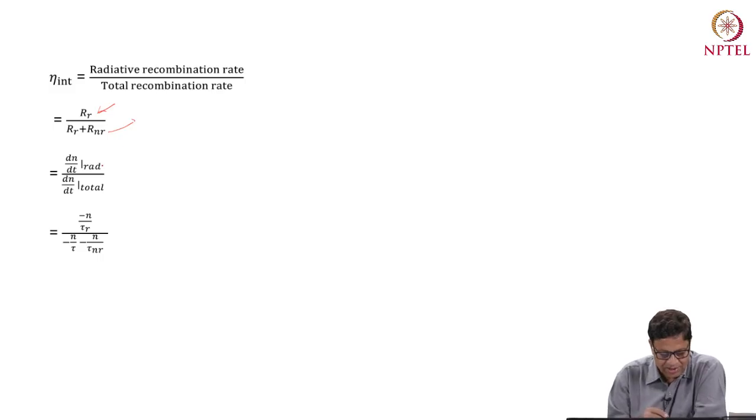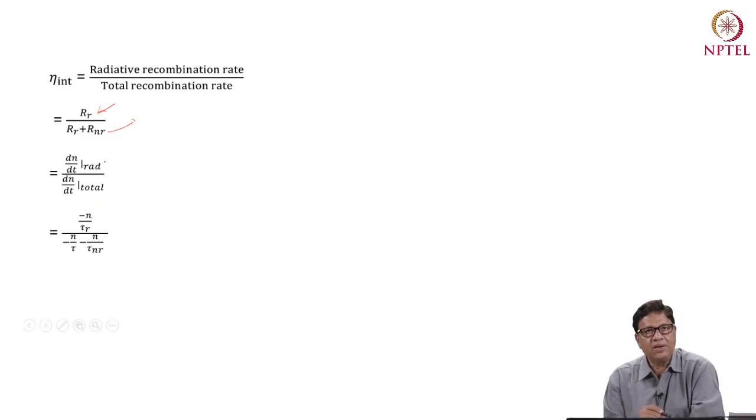From the earlier expression, dN by dt is equal to minus N by tau, and for radiative it will be minus N by tau R, where tau R is the average carrier lifetime against radiative recombination. The total dN by dt will be minus N by tau R minus N by tau NR.